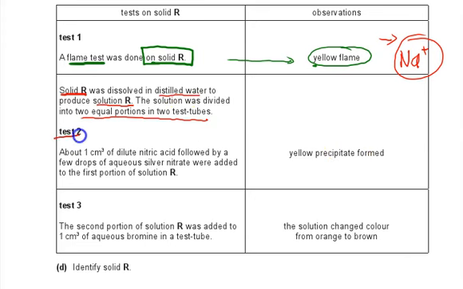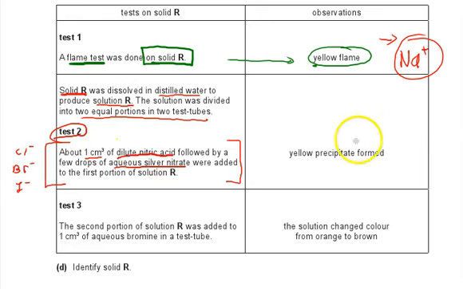So test 2, 1 centimeter cube of dilute nitric acid followed by a few drops of aqueous silver nitrate were added to the first portion. Okay, so this is normally for chloride, bromide and iodide.